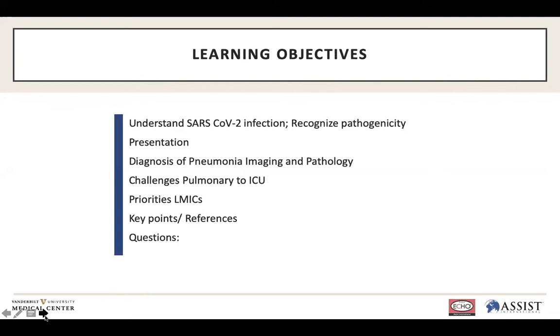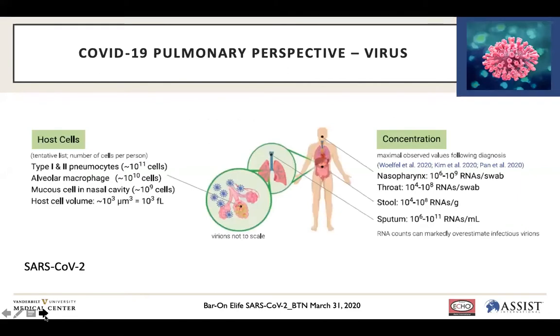Next slide, please. So to start, I wanted to give you a perspective of COVID-19 using some numbers. This is an RNA virus in the family of coronavirus, as you well know.